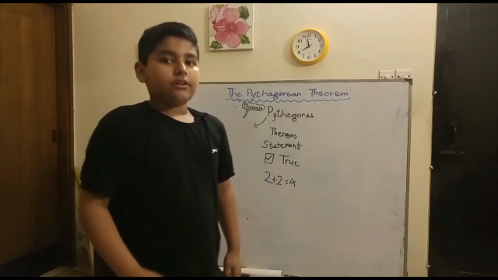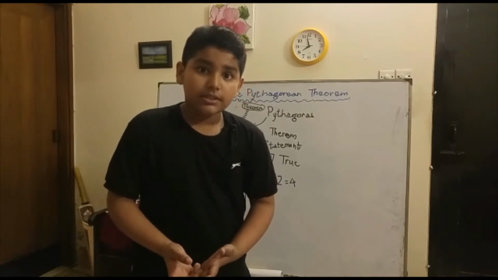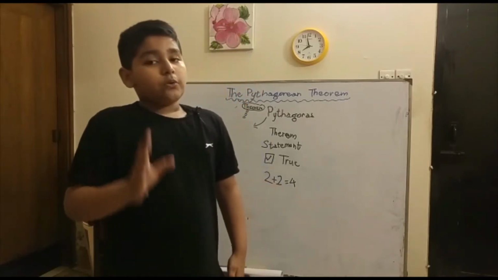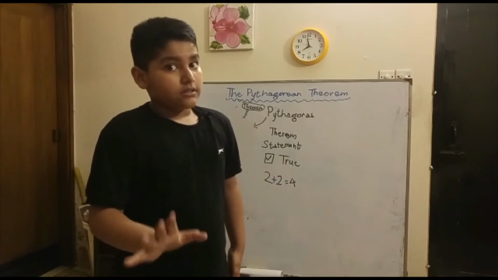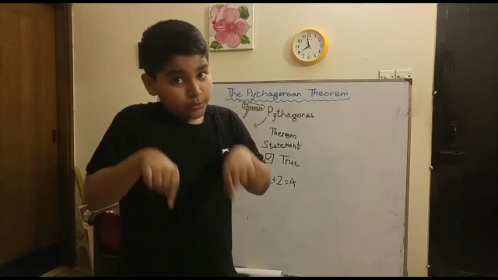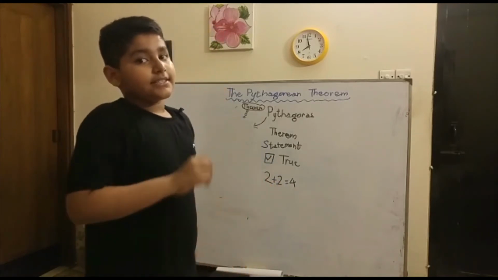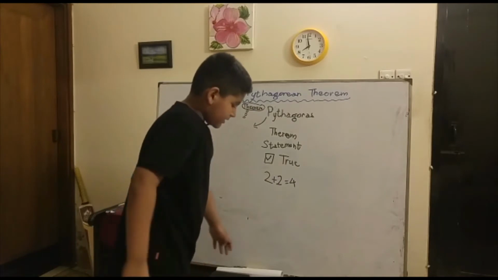You also need some background knowledge of exponents and square roots, and also angles and triangles. I'll leave all the links in the description below so you can watch them. If you have all those covered, let's see the Pythagorean theorem.